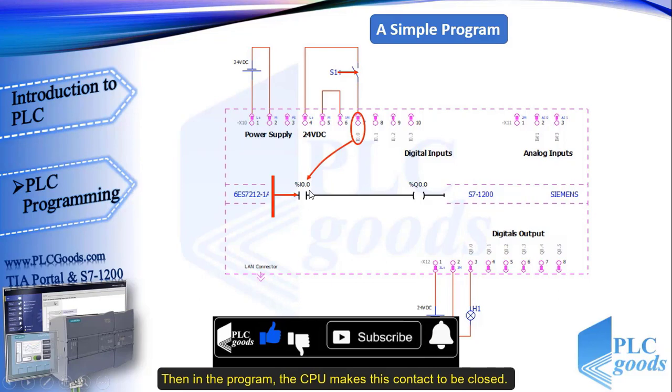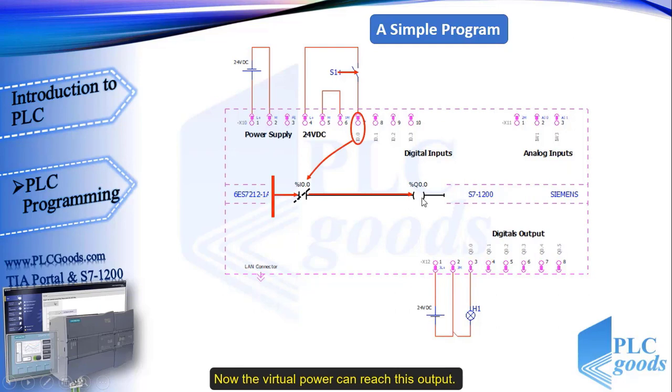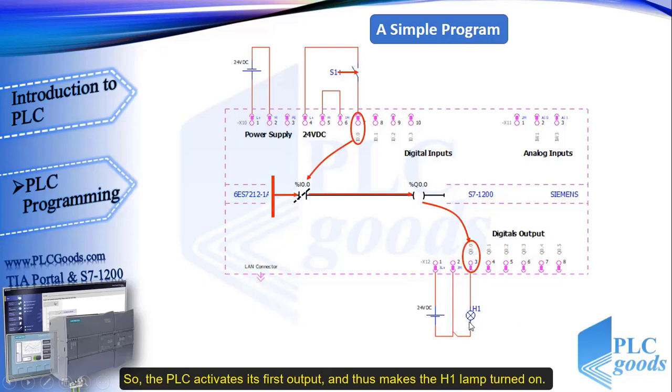Then the CPU, by the program, makes this contact be closed. Now the virtual power can reach this output. Similarly, this address refers to my first digital output. So the PLC activates its first output and thus makes the H1 lamp turn on.